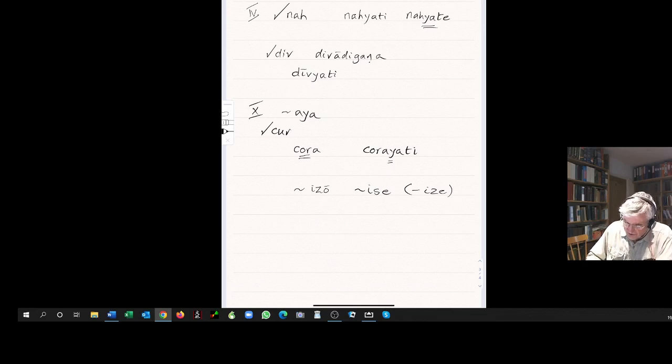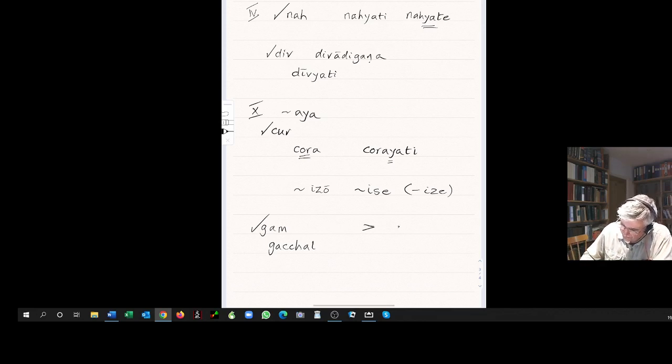Chorayati, also used as a causative. You'll know the root gam, which is a class 1 verb, but slightly irregular, because the m changes to a ch, so it becomes gacchati. But, sorry, what have I done there?